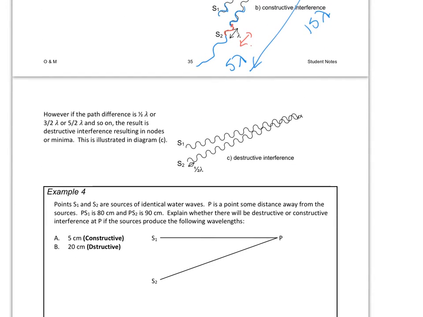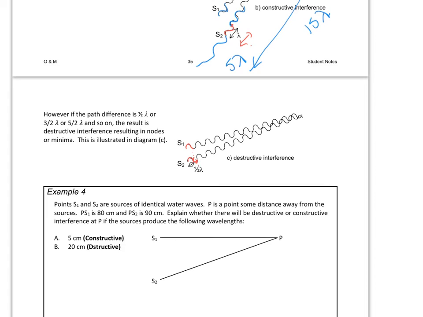If the path difference is a half wavelength, or basically not a full wavelength, if they are off by only a half or a fraction of it, they do not line up. In this case, we've started our wavelength, and S1 starts after we've got halfway through. So we are not at the exact same point when these two start.